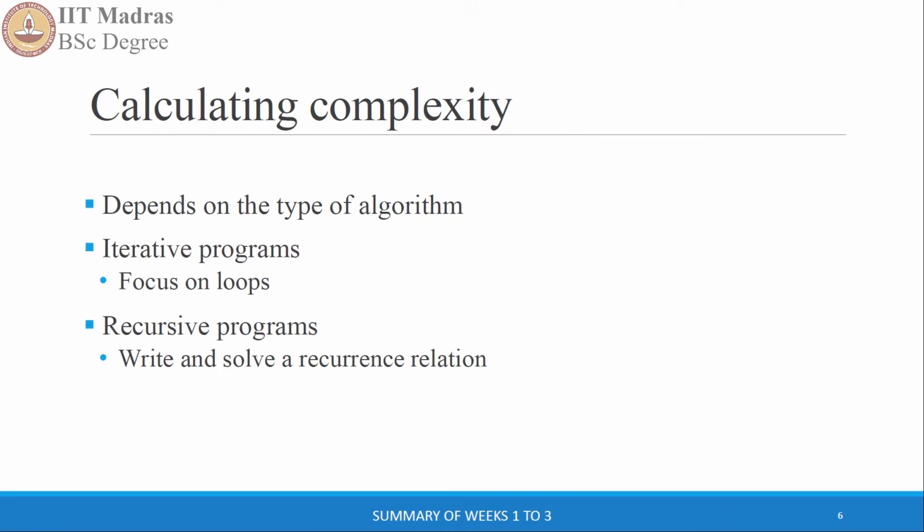In order to do so, first we have to identify the type of algorithm. It can be an iterative program or a recursive one. If it's an iterative program, then our focus should be on loops. If it's a recursive algorithm, then we have to write and solve a recurrence relation.